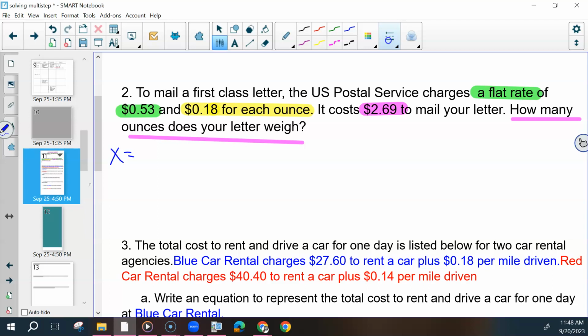For the most part, everything else is fine. Pick whatever variable you want, and then look at your question. The question will tell you what we're looking for, what we don't know. What are we looking for? How many ounces? So when we write or define our variable, we have to be specific. We can't just write ounces. We need to know what we don't know about the ounces. So number of ounces.